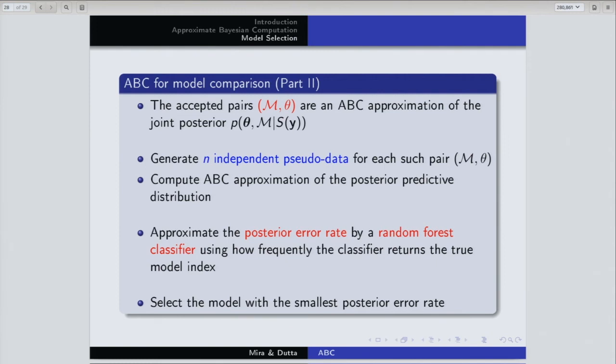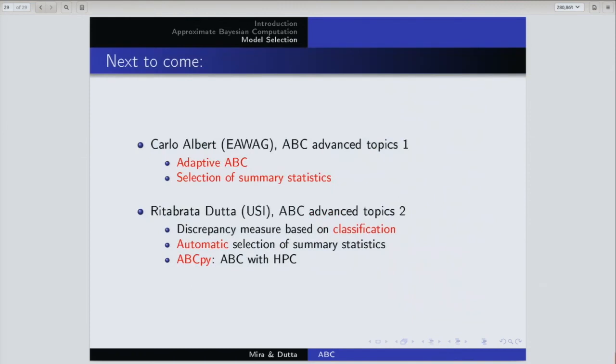So we train a random forest, and then we classify the observed data, and we see how many times the observed data ends up in model 1 or model 2. And 1 minus the frequency of correct classification is an approximation to the posterior error rate. And then we select the model with the smallest posterior error rate. So this is a more refined and better way of doing model selection with ABC.